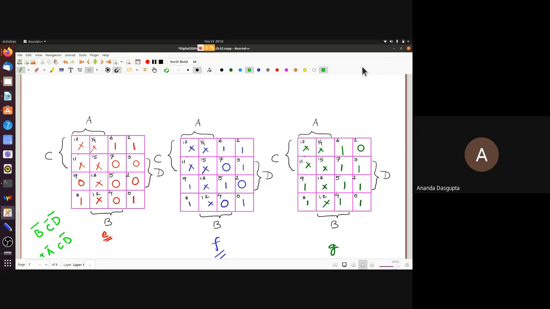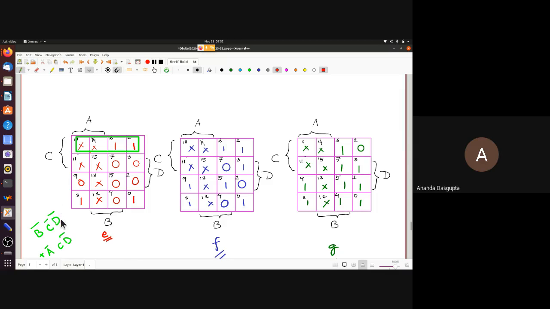But you should also be clear that this is not the best thing to do. The best thing to do would be to have these two ones, but try to make it as big as possible. So why don't you just take all four together as ones? Don't cares, remember, you can make them anything. So that will of course be much simpler, right? If you do that, the simpler expression will be C, D bar.